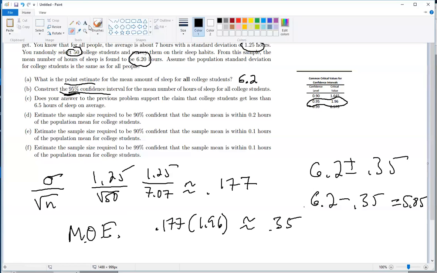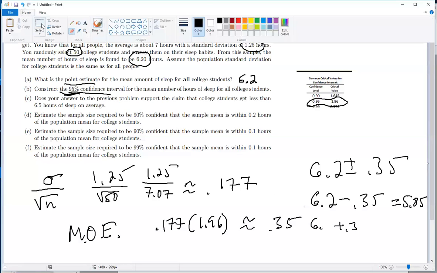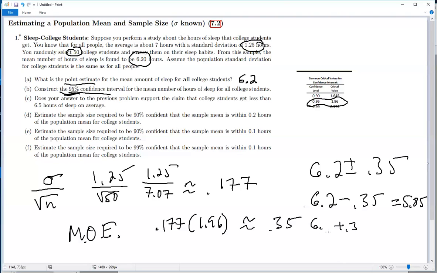And then we'll do 6.2 plus 0.35. Let me fix that, might as well be clean about it. 6.2 plus 0.35 is going to be 6.55. So we're 95% confident that the true mean hours of sleep for college students is between 5.85 hours and as high as 6.55 hours.